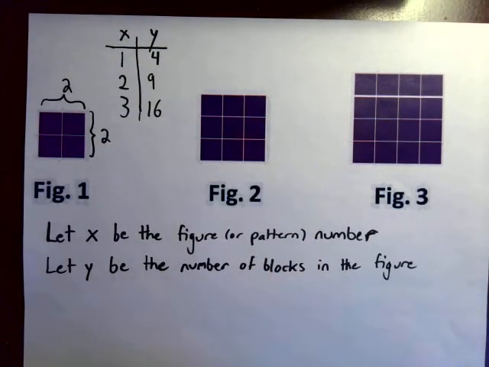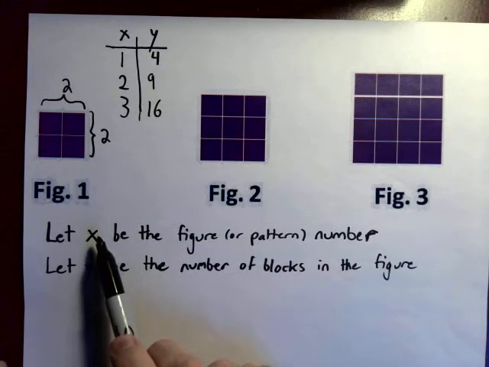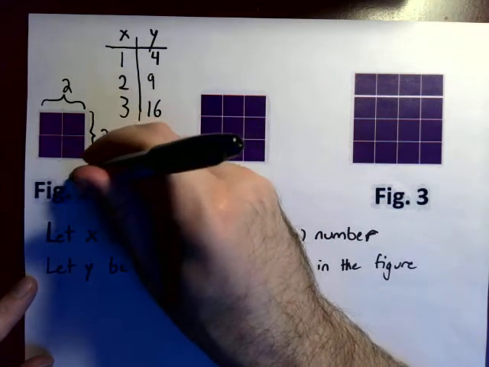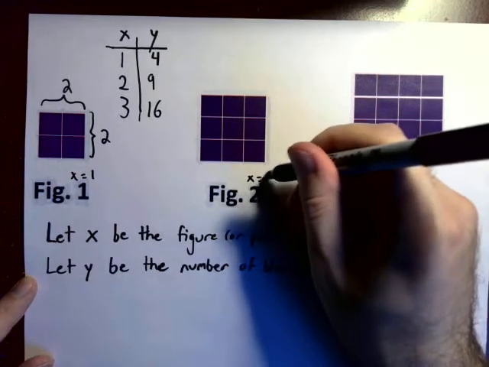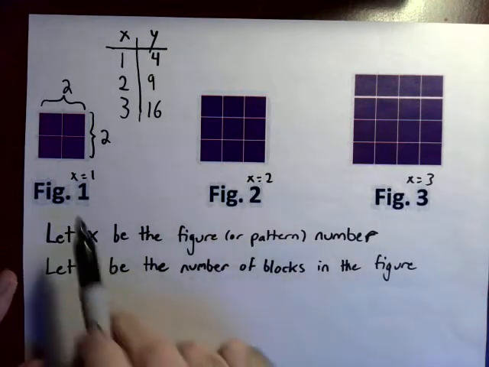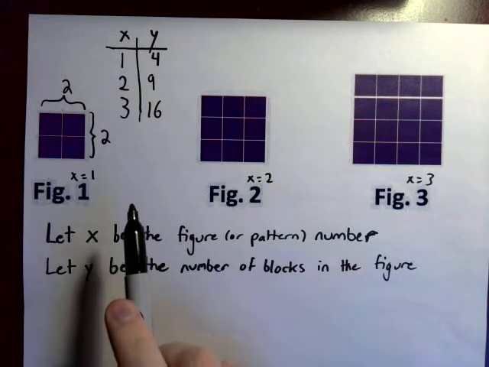Then we ask ourselves, we want an equation that relates the figure number to the number of blocks, or relates x to y. In this case, x equals 1, x equals 2, and x equals 3. What could we do that would relate the number 1 to the number 2?